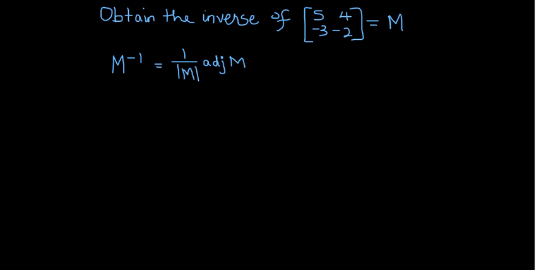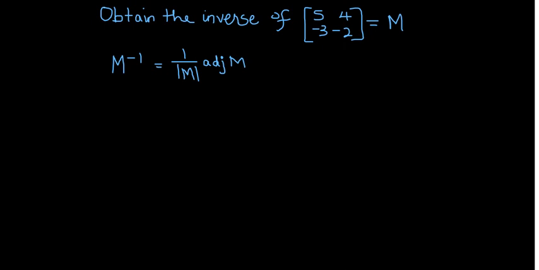They didn't tell us if it's A, if it's X, if it's P, if it's Q. If they don't, and you want to make your life easier with your notation, you give it a name and you use that name. Okay, just make sure you stay consistent. So, M inverse, this is the matrix M here. This is how I get my inverse matrix, and I want to get the inverse of matrix M.